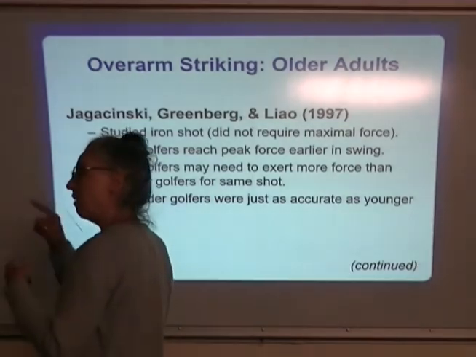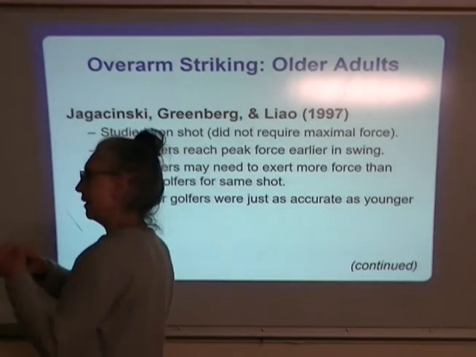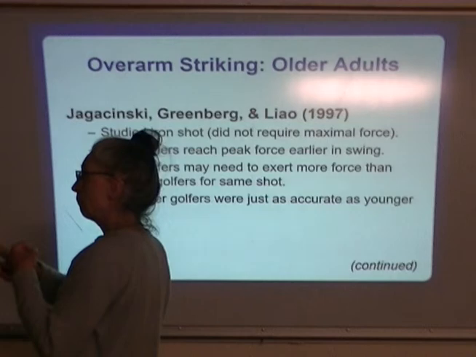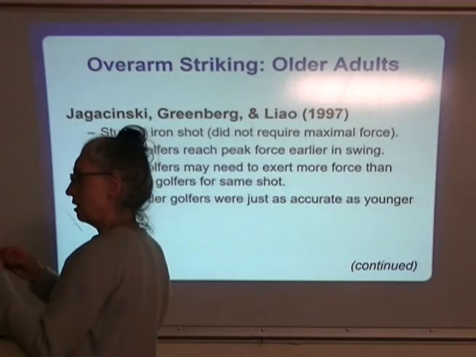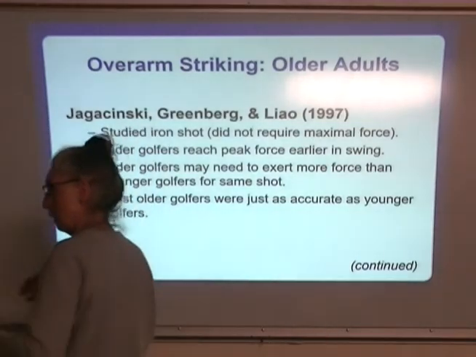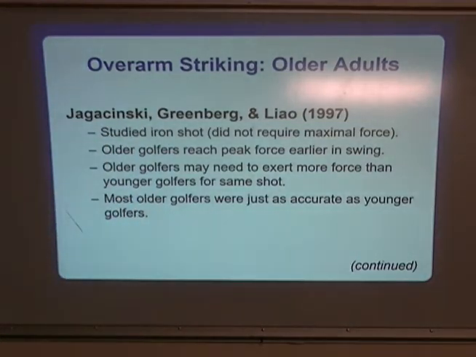But that means I have to be a little more aware and a little more proactive with my anticipation of where the ball is going to be so that I can move there a little bit quicker.